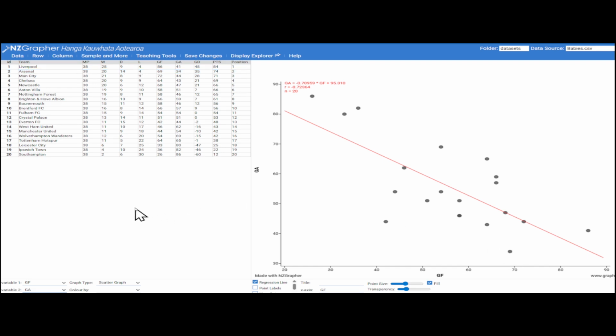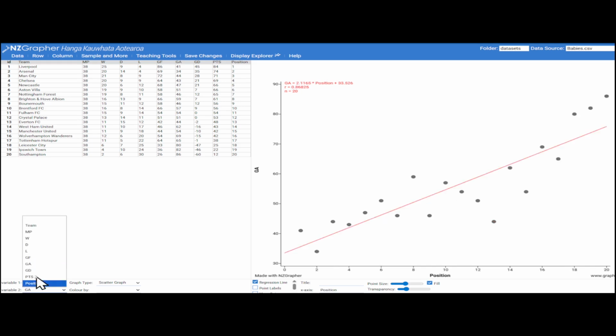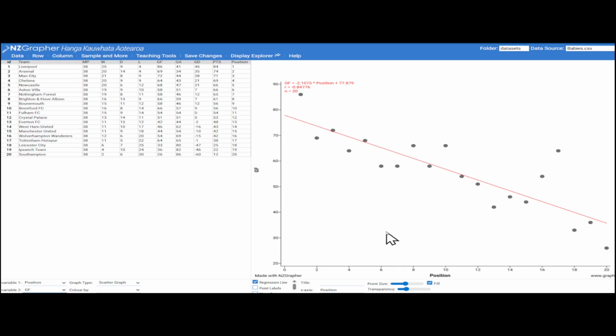Okay, let's have a look at goals for. So is there a relationship between the number of goals that you score and your final position? So in other words, if you were scoring a lot of goals, is that going to give you a good position?